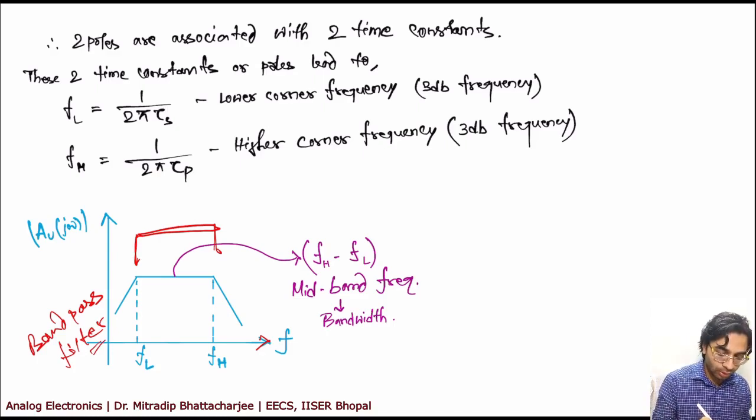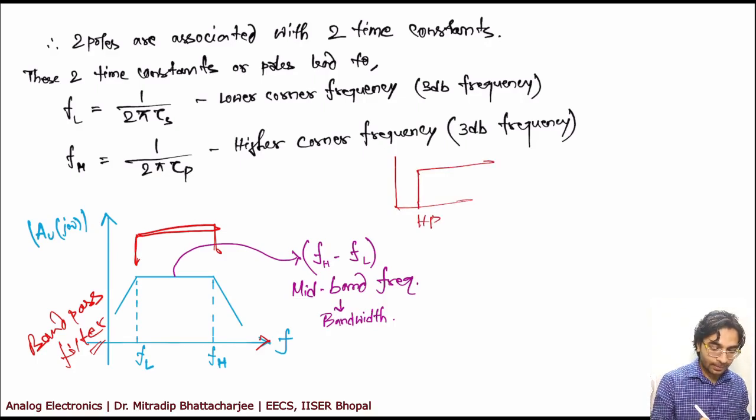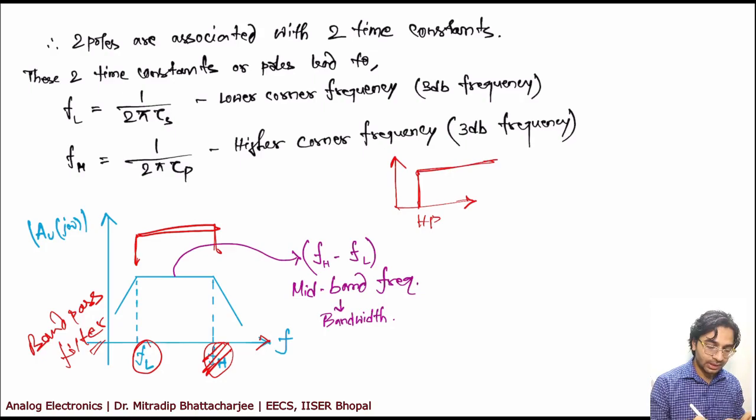In fact, you can also create a high pass filter, and for this forget about FH. If you don't consider FH and see only FL, you have a characteristic like that, which is a high pass filter.